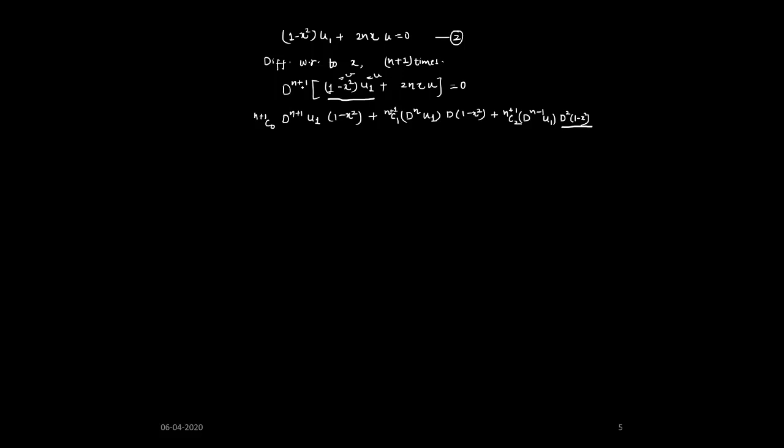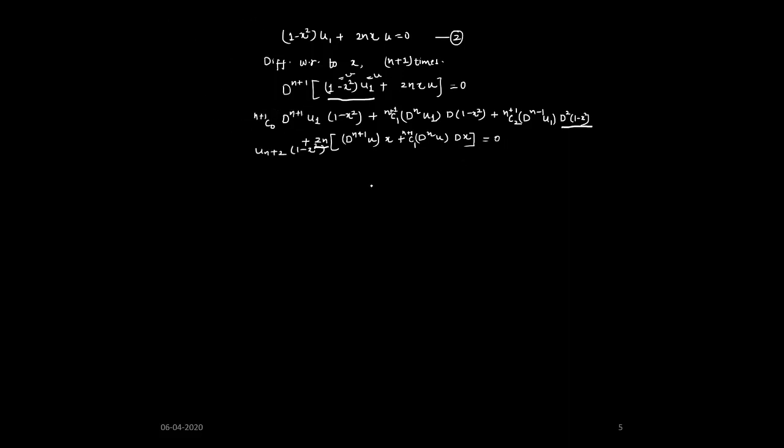We will get 2n, so I can take 2n out, and then dn plus 1 u x, here also it will be n plus 1 C0, which is 1. The next term would be n plus 1 C1 dn u dx, and in the next term we will have d square x, which would be 0, so we don't need to write it, and the rest of the terms would also be 0. So the n plus 1th derivative of this is this only, and this equals 0.